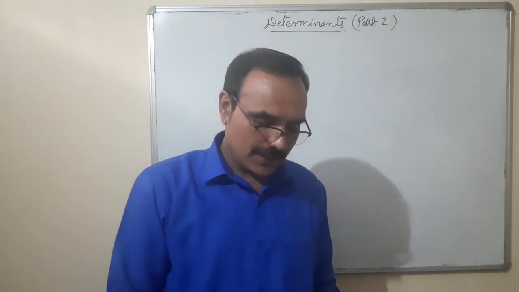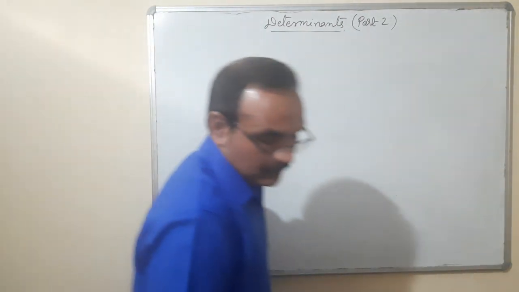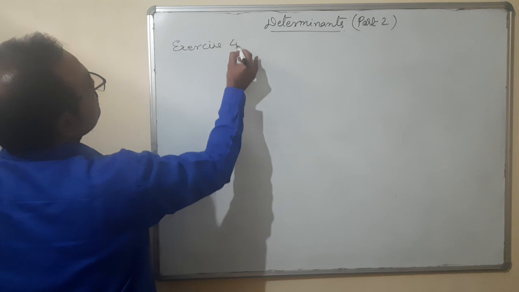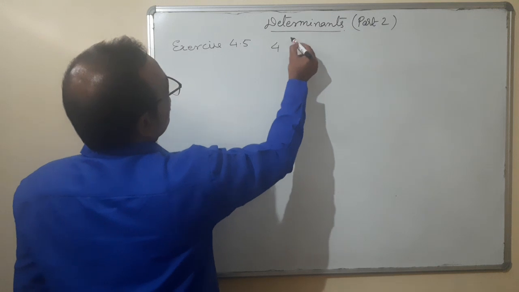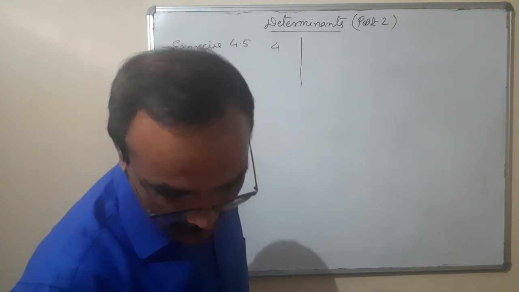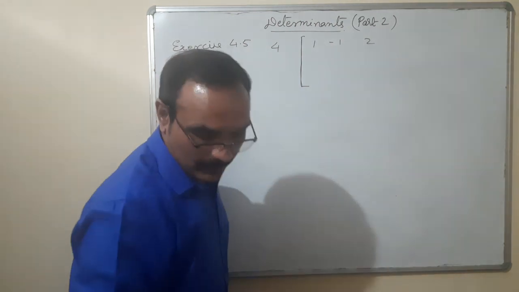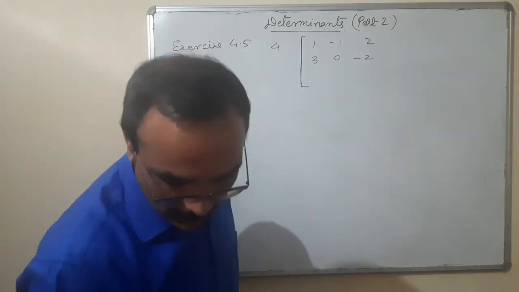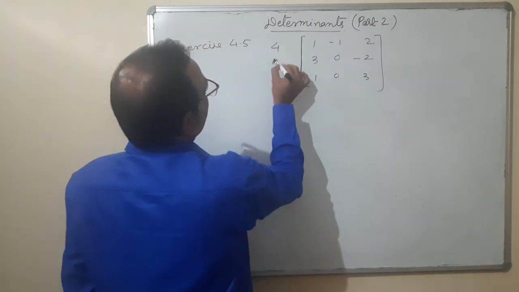So for finding the adjoint, I am taking a question from exercise 4.5, question number 4. The matrix is 1, minus 1, 2 in the first row, 3, 0, minus 2 in the second row, and in the third row 1, 0, 3. Let A be equal to this.